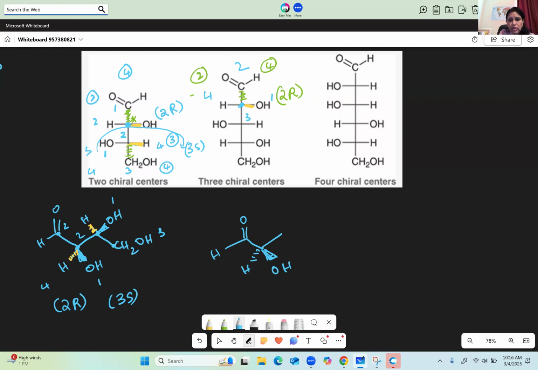So now my third center, 1, 2, 3, 4. Again, notice like before, this is CHOH, CHOH, that does not break my tie. If I keep going to the next carbon, I have a carbonyl here with 2 oxygens. So that gets the higher priority. The one below, the carbon on the bottom, gets the lower priority. So 1, 2, 3, 4.